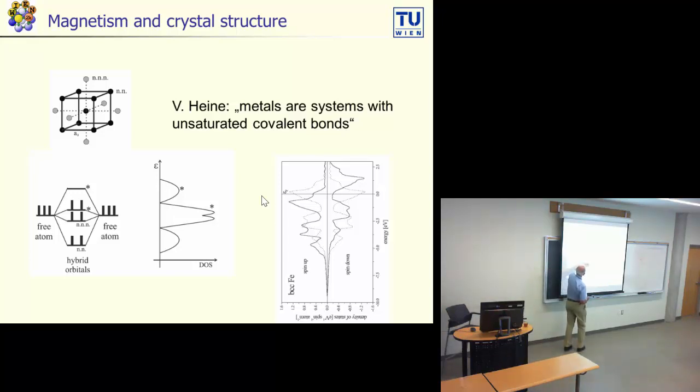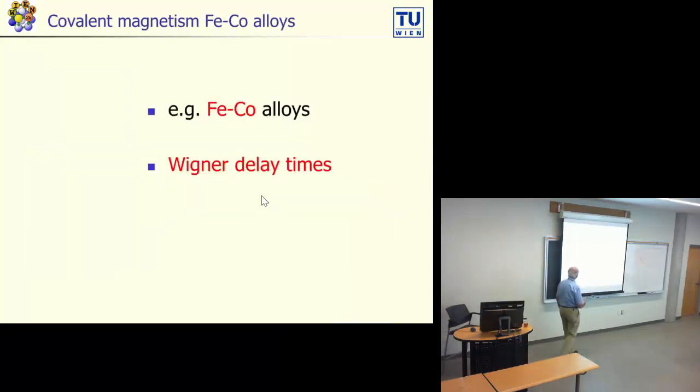But then you have next nearest neighbor interaction, which is weaker, and you also form bonding and anti-bonding states. So in this very simple picture, you can guess, so to speak, how the density of states looks. That gives you a simple picture, which is nice, so that you can explain it. And that is what you really get.